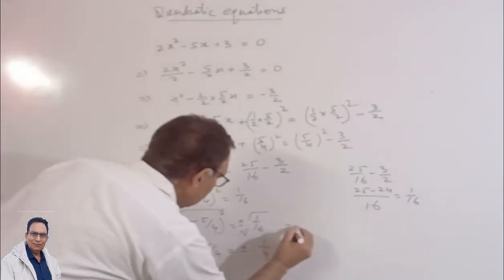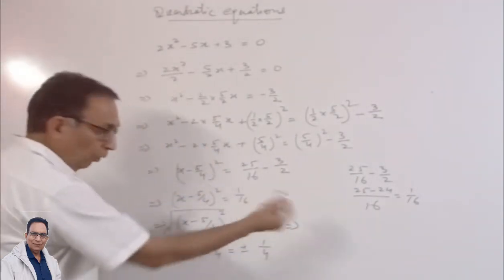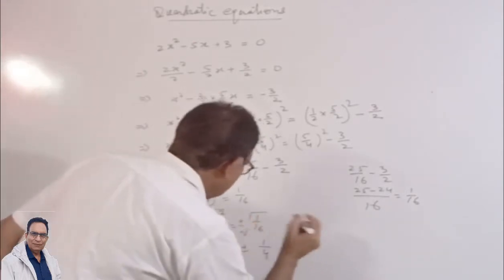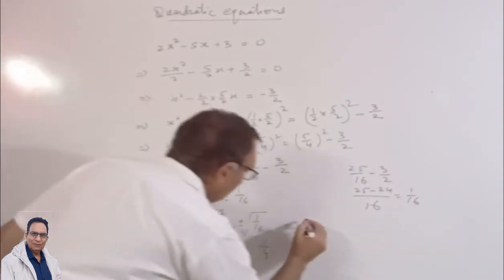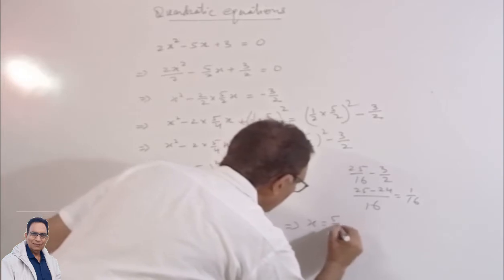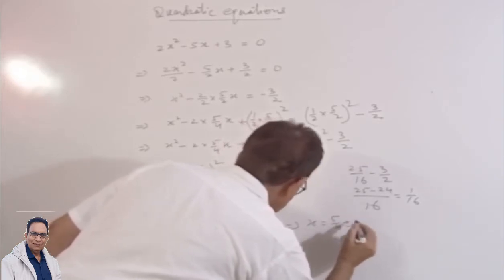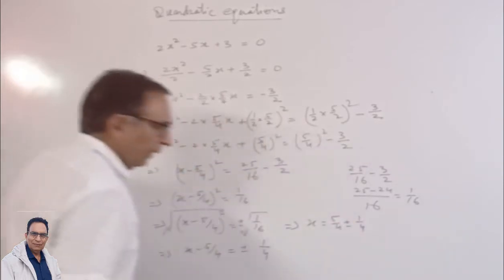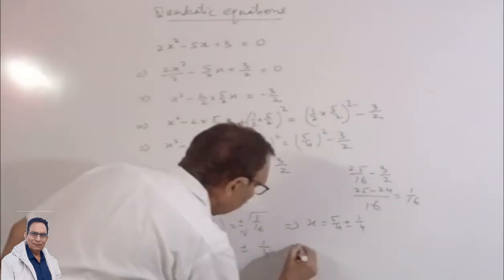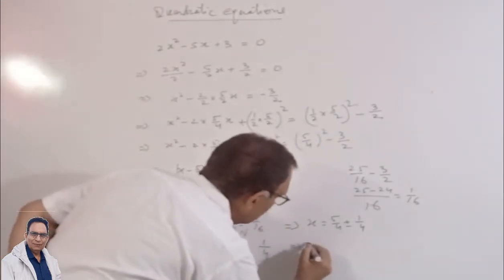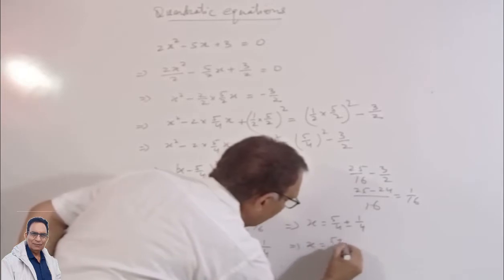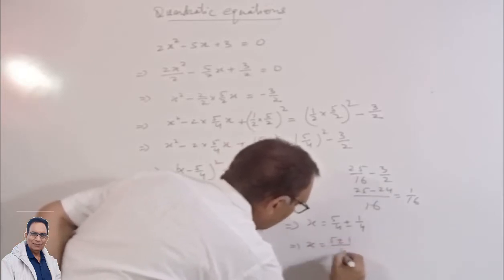Going further, take this 5 over 4 to the other side, this will become plus, so x is equal to 5 over 4 plus minus 1 over 4. 4 is the LCM, you are getting x is equal to 5 plus minus 1 over 4.